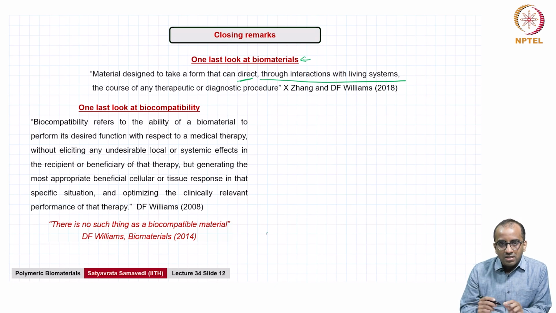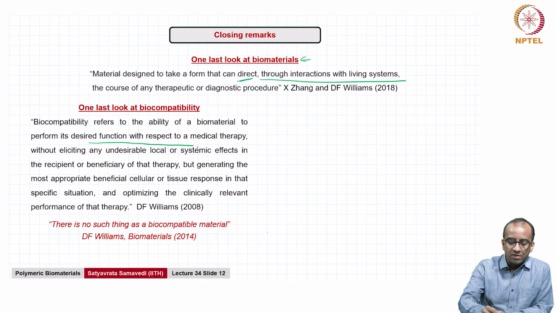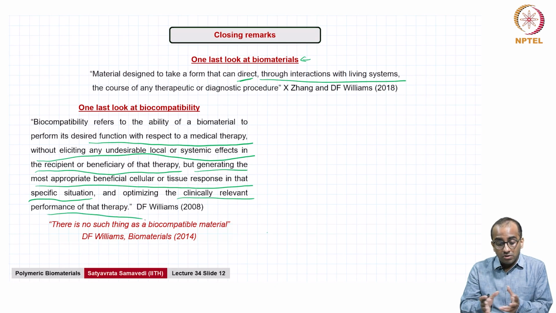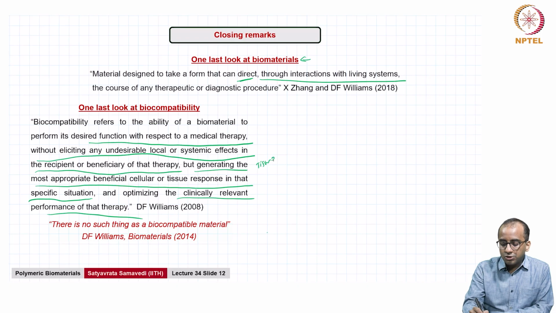This is a definition, again from David Williams, which refers to the ability of a material to perform its desired function with respect to a medical therapy without eliciting any undesirable local or systemic effects in the recipient or beneficiary of that therapy, but generating the most appropriate beneficial cellular or tissue response in that specific situation and optimizing the clinically relevant performance of that therapy.